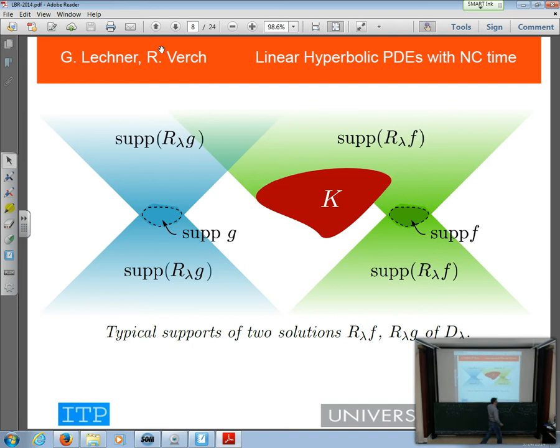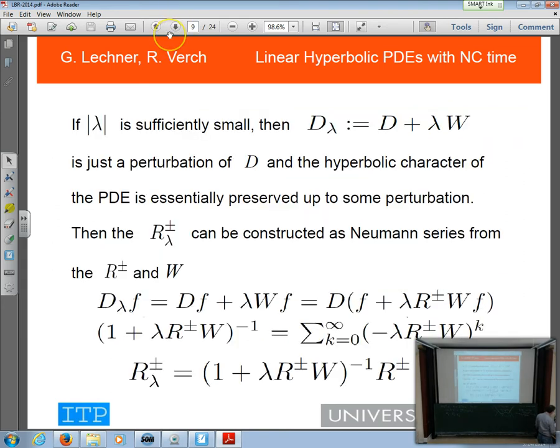Okay. So anyway, that works, and I will briefly indicate how it works. Concerning lambda, if lambda is sufficiently small, then the lambda W term is just a perturbation of D, and the hyperbolic character of the partial differential equation is essentially preserved up to some perturbation.